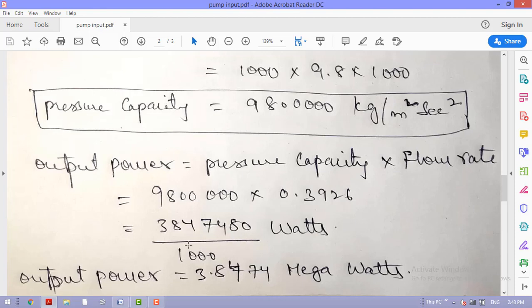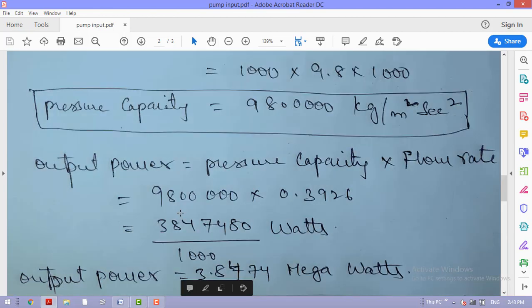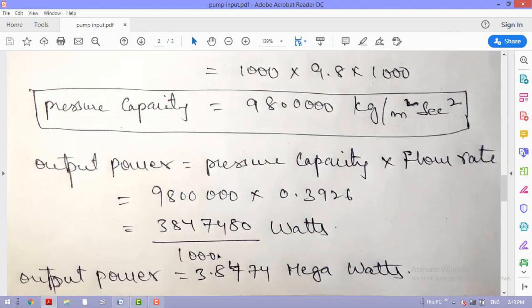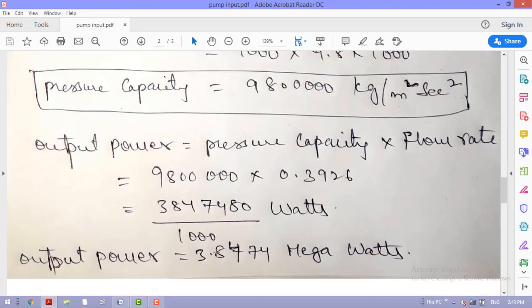Because of that reason only I am dividing this numerical value by 10 power 6 to get the answer in megawatts. Sorry, I have to write here 10 power 6, so you can just correct it at your end. So the output power required, once I simplify it, is 3.8474 megawatts.